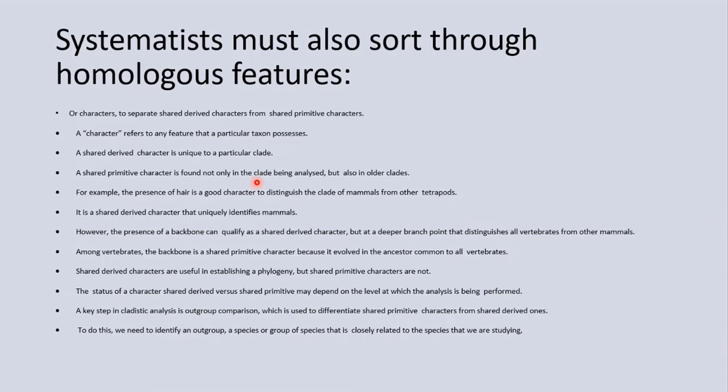So shared derived characters are useful in establishing a phylogeny, but shared primitive characters cannot help you a lot in establishing a phylogeny.